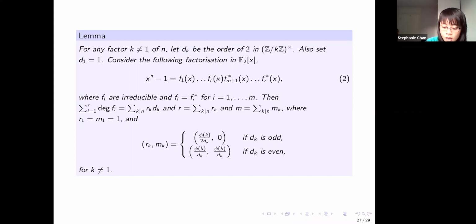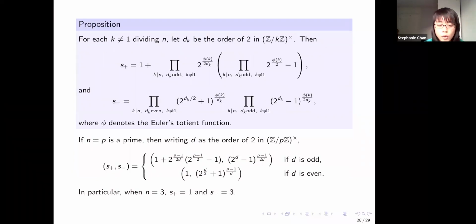So once we've done this counting properly, we can get the two constants we want, s plus and s minus. These two quantities depend on the order of 2 in the multiplicative group.